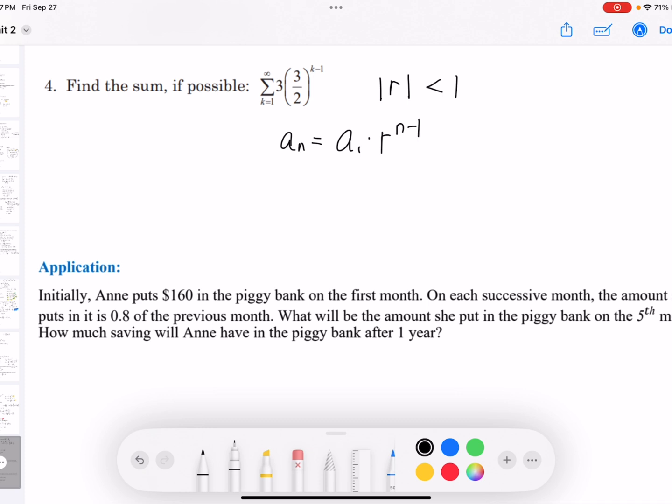And this one, the index we call k. It doesn't matter. So a sub 1 is 3, r is 3 over 2. The absolute value of 3 over 2 is greater than or equal to 1, so this one diverges. So it is not possible to find the sum.